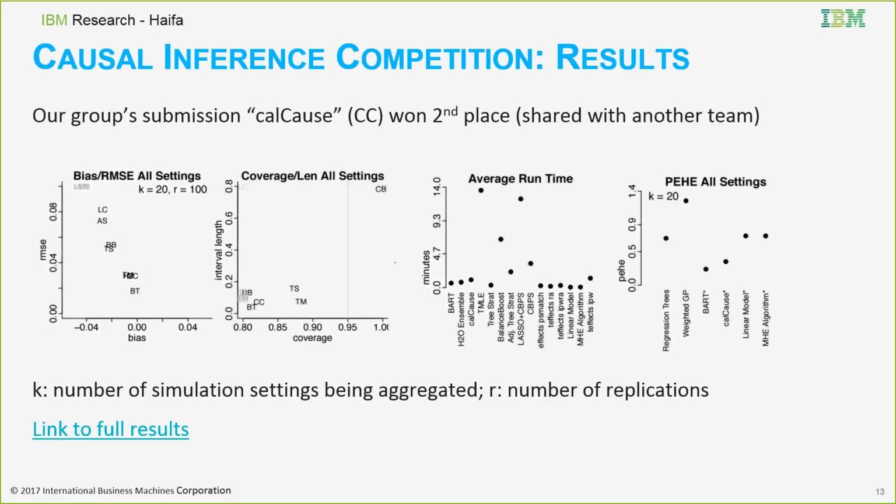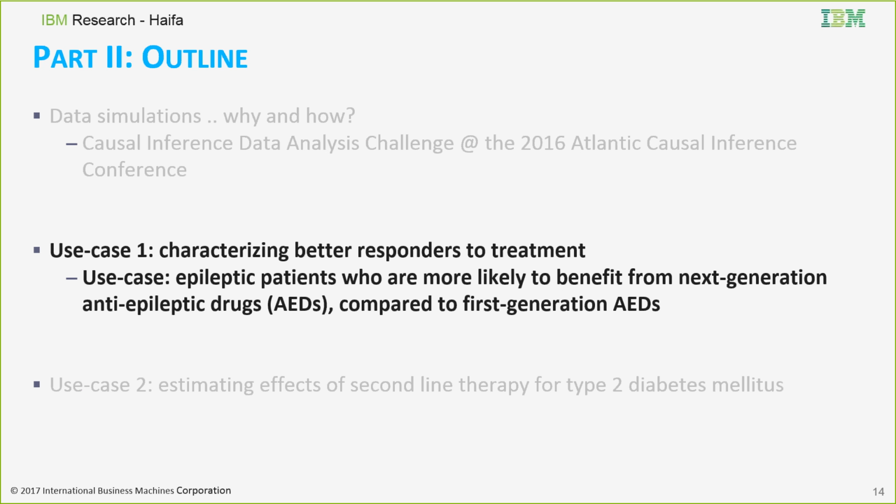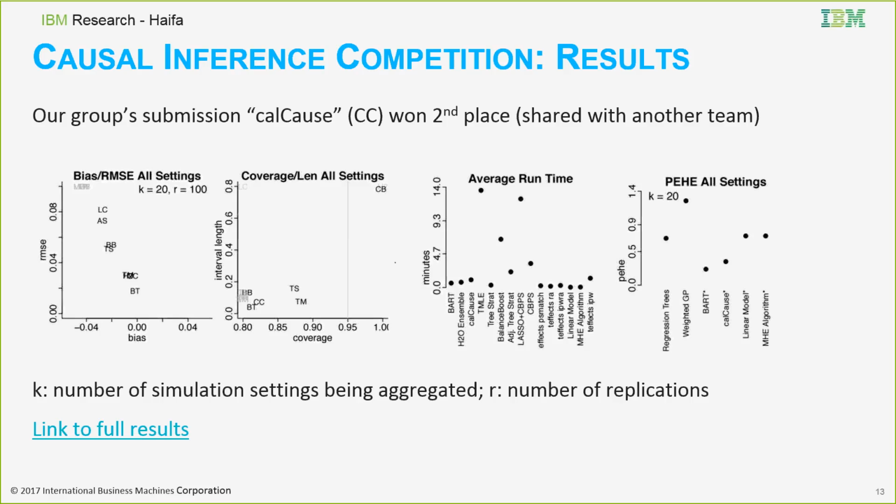So, yeah, we're looking forward to hear what the final results are, but based on the information they already revealed, we perform pretty good. And the bar model is actually the one here.